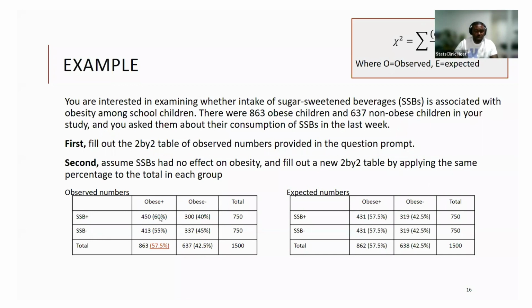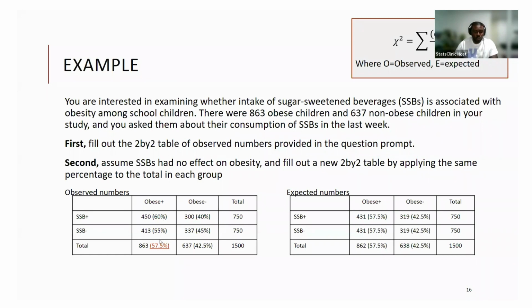And then you calculate the proportions, the row-wise proportions, okay? So among the exposed, 60% of them became obese. Among the unexposed, 55% of them became obese, right? So you begin to ask yourself, does exposure lead to the outcome in this case?